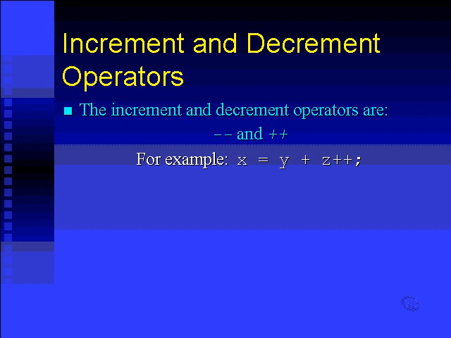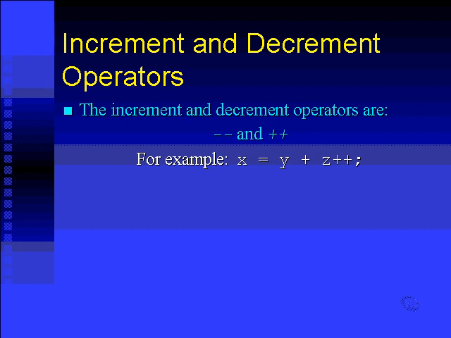So let's do some numerical examples here. So if y is 1 and z is 2, then x is probably going to be either 3 or 4, isn't it? It depends on whether the incrementing of z happens before or after the assignment is done.